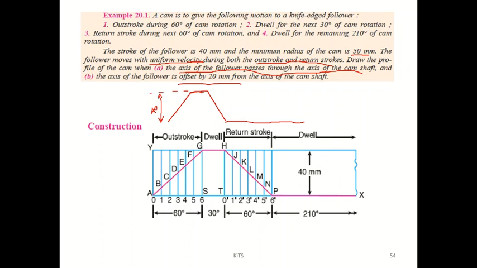Now we will start the diagram. First of all, you have to draw the displacement diagram. Then you have to draw the cam profile. On the drawing sheet, on the same side you have to draw the displacement diagram and then the cam profile.